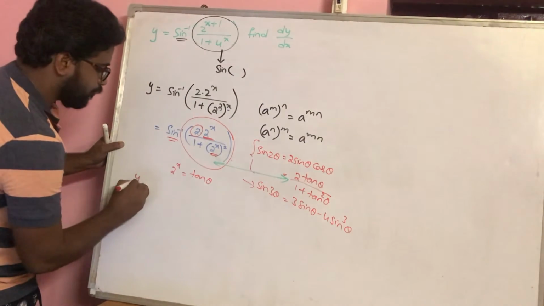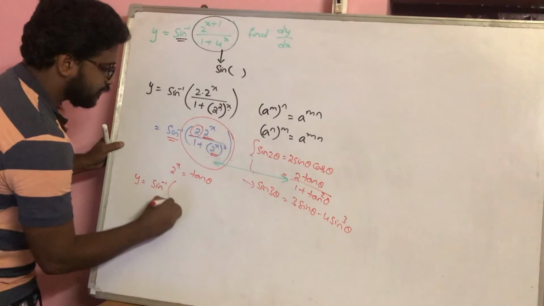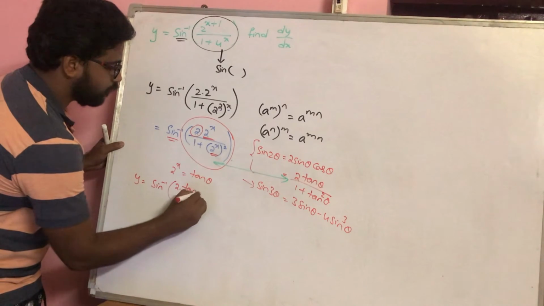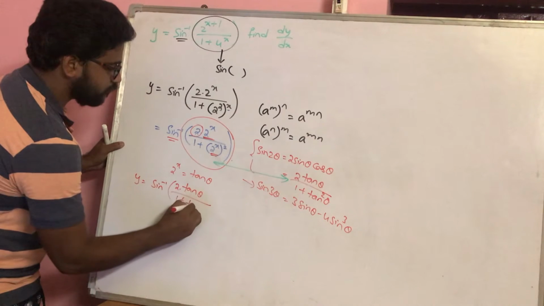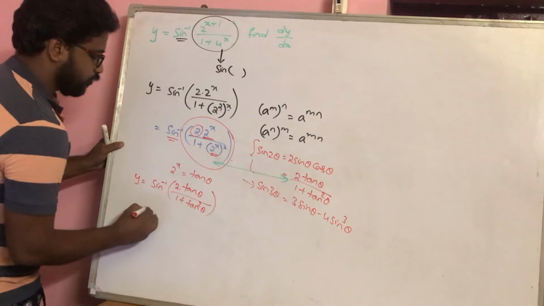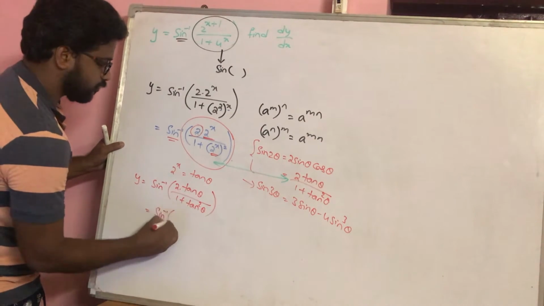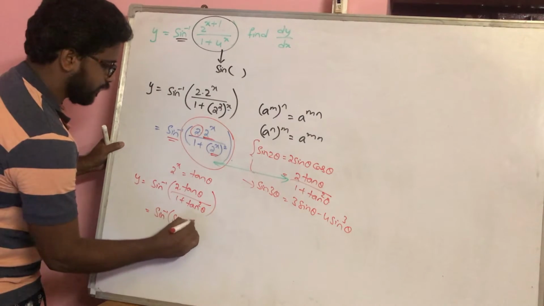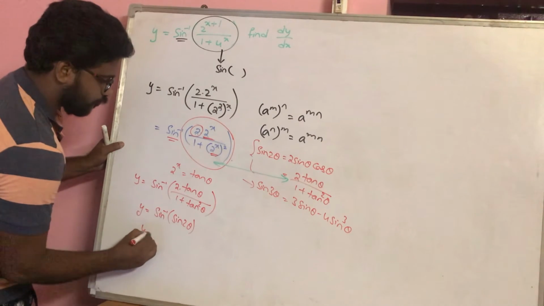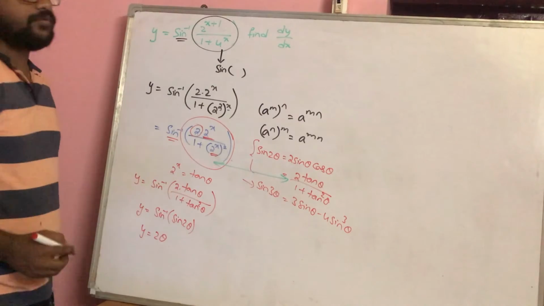Then what will happen? y is equal to sine inverse of 2 tan theta by 1 plus tan square theta. So this is sine inverse of sine 2 theta. This is the value of y. So y is equal to 2 theta we are getting.